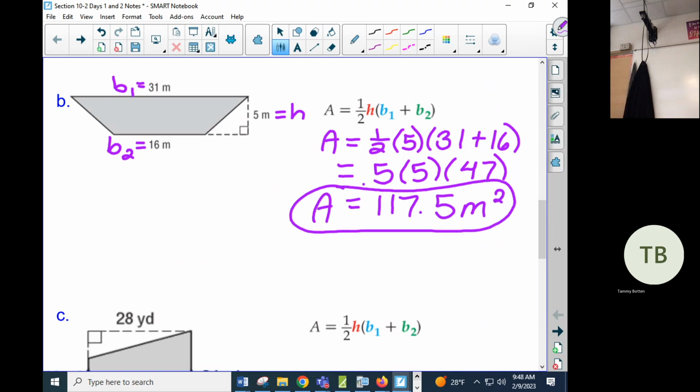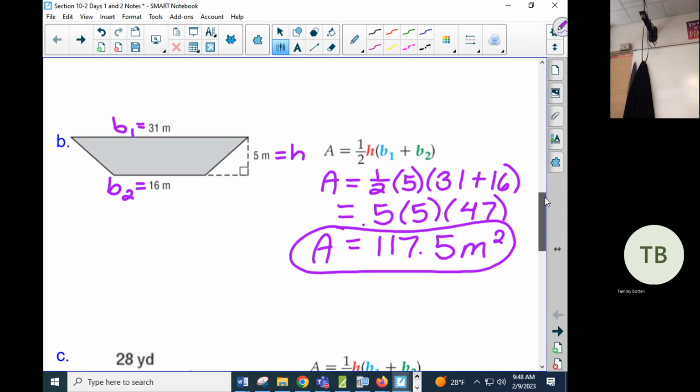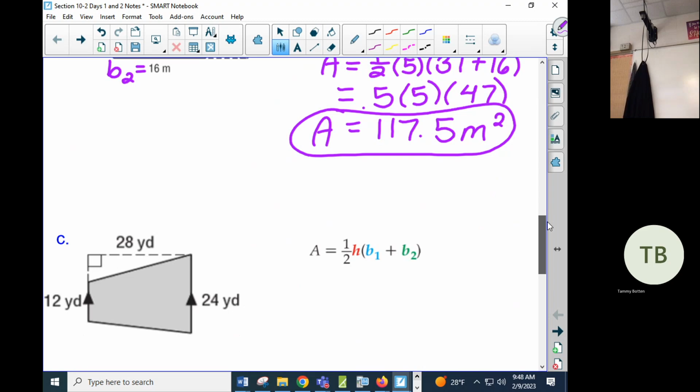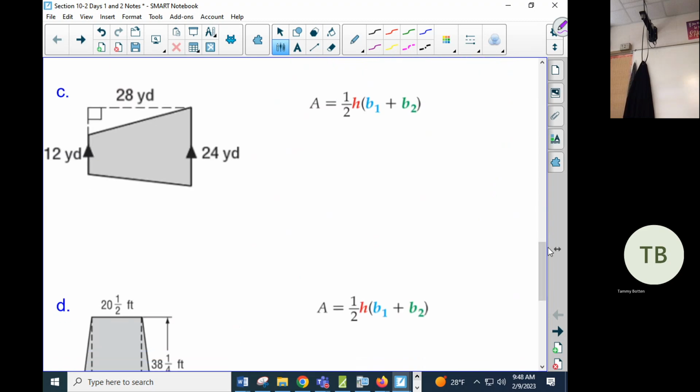So notice in this one, we're not having to find the perimeter at all. We just have to find the area. So this is another one that has its trapezoid on its side, but the nice thing is that we don't really have to do any like trig to find a missing side or anything like that in this section.